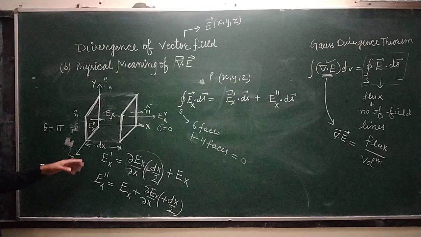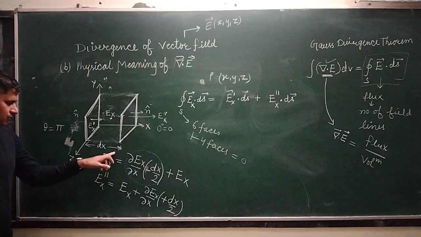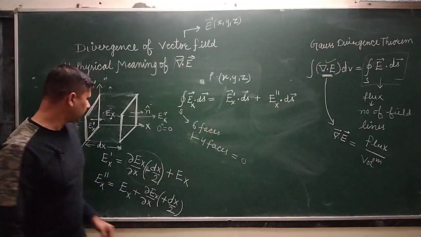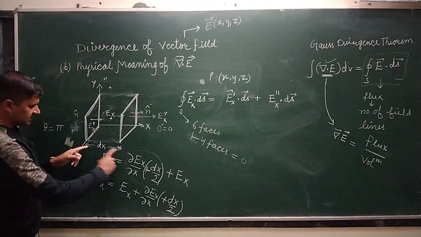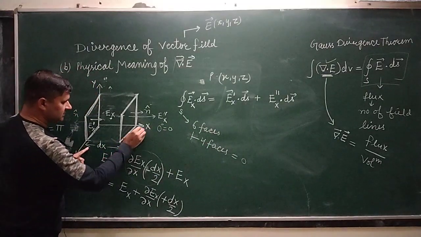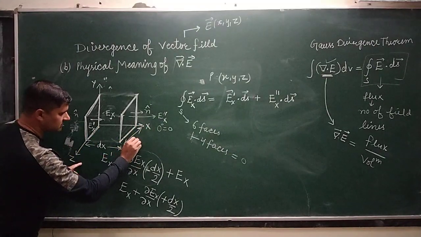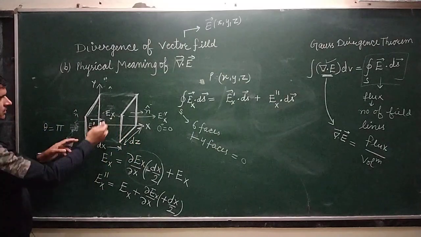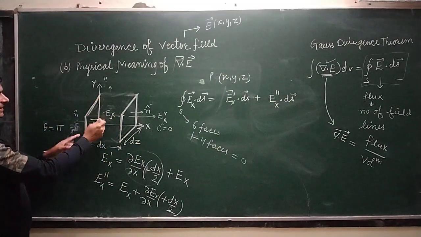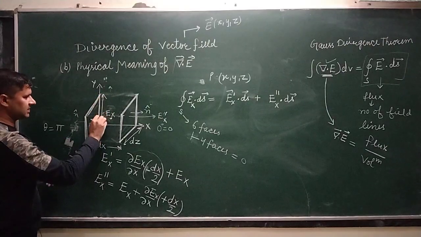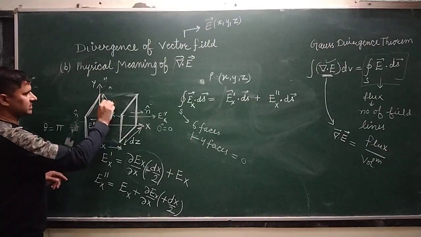Now we have calculated the value of Ex1 and Ex2 at both faces, and this distance is dx, and this distance, let me take, is along z direction, so this is dz. Now we have another dimension along y direction, and let me take this dimension to be dy.